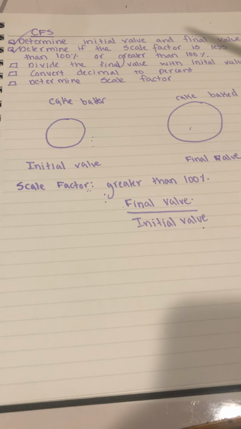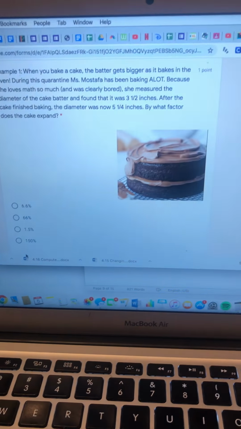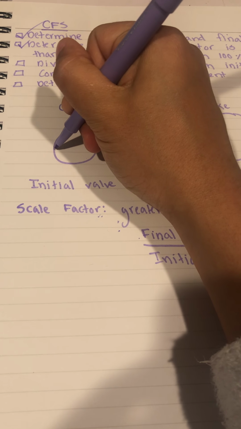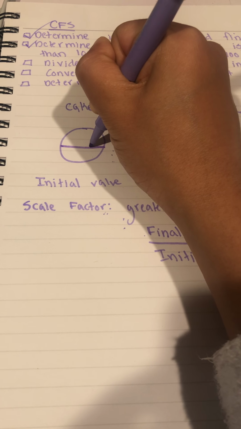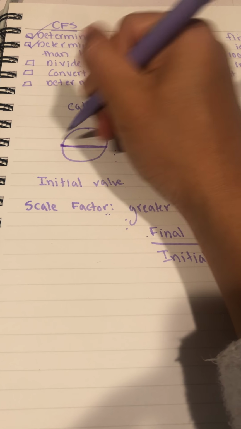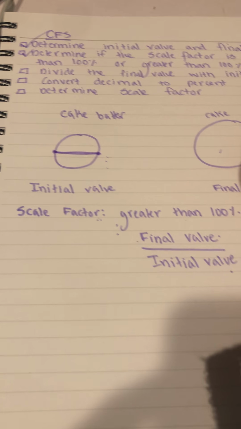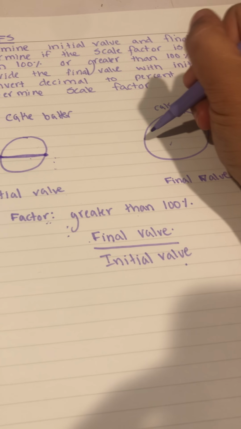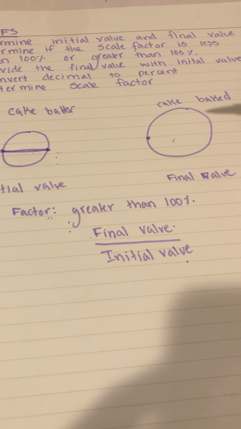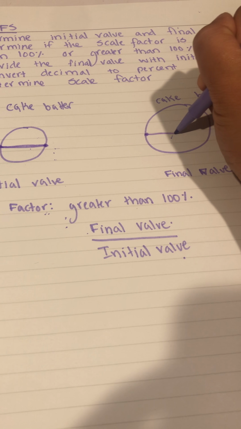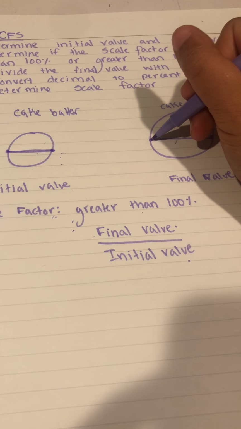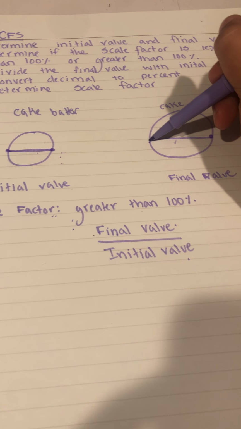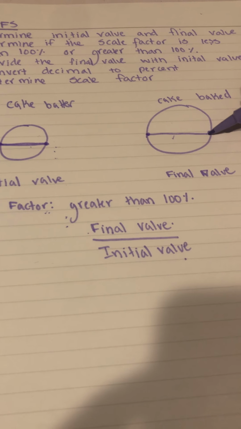Okay, second thing. In this example, it talks about the diameter. What the diameter means is, if you look at the middle of the circle, it's the length from one end of the circle to the other end, through the middle. So I'm gonna estimate the middle of the circle here, since we're talking about the diameter. And this is the diameter. Again, it's the length from one end of the circle all the way to the other end.